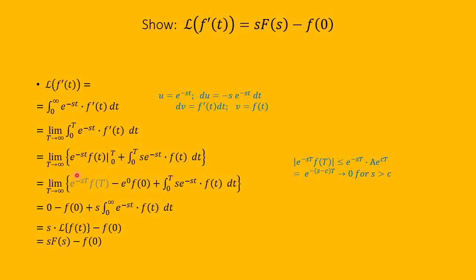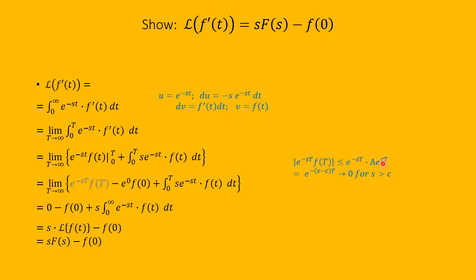Now, this term in the limit is going to go to 0. How can we see that? Well, e to the minus sT times f of T is less than or equal to e to the minus sT times a e to the cT, because f is of exponential order.